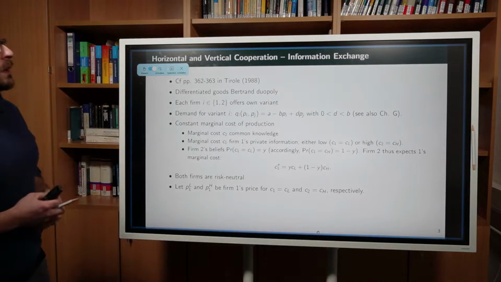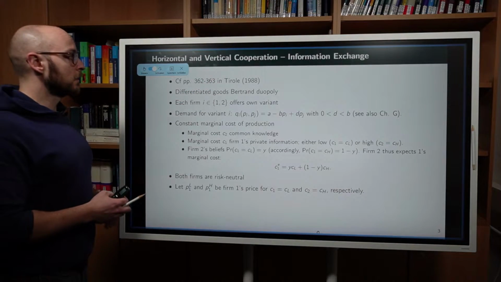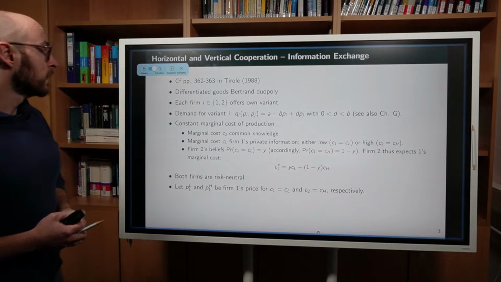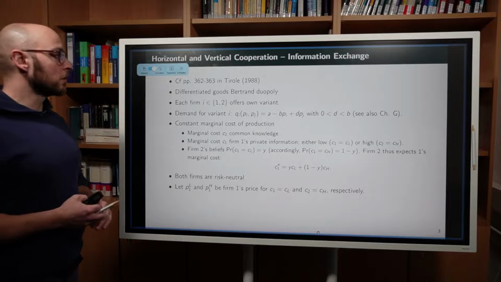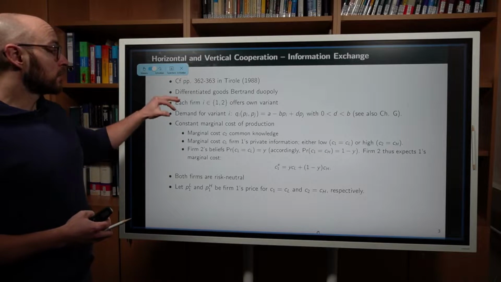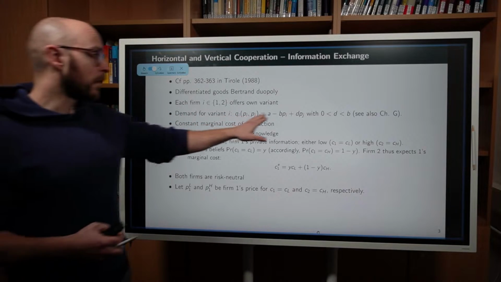Okay, so how do we assess an information exchange? We start by looking at a model that is presented in the textbook of Tirol, where we have differentiated goods and the two firms compete à la Bertrand, and each firm offers its own variant. The demand for each variant is given by this function here.